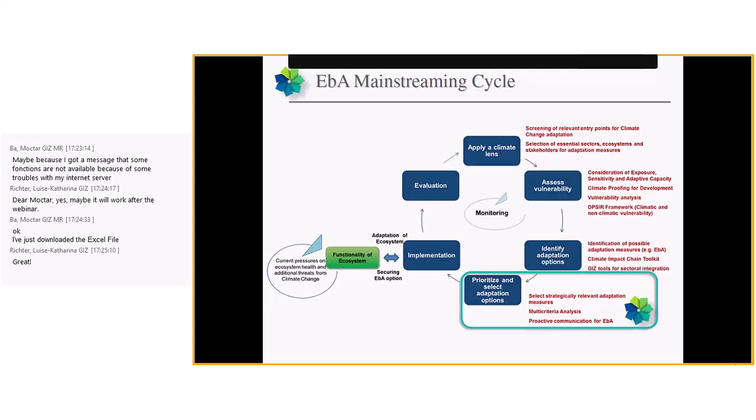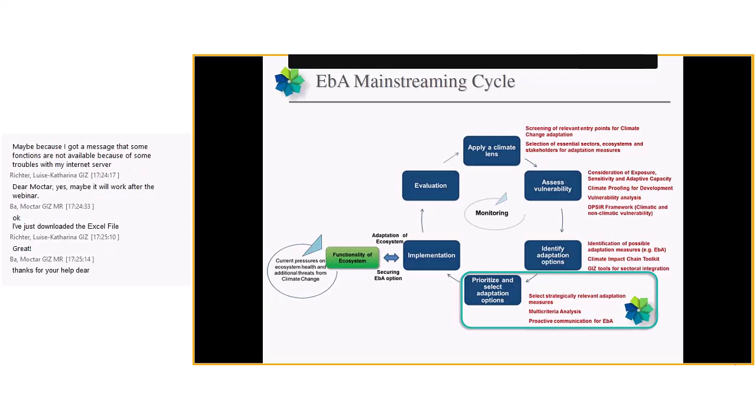Once we've done that, we can then use the tool that I'm going to present to you today. It's a tool to prioritize and select those adaptation options. So we have two very important steps: the multi-criteria analysis and the social cost-benefit analysis, in order to value economically the alternatives that we are prioritizing.